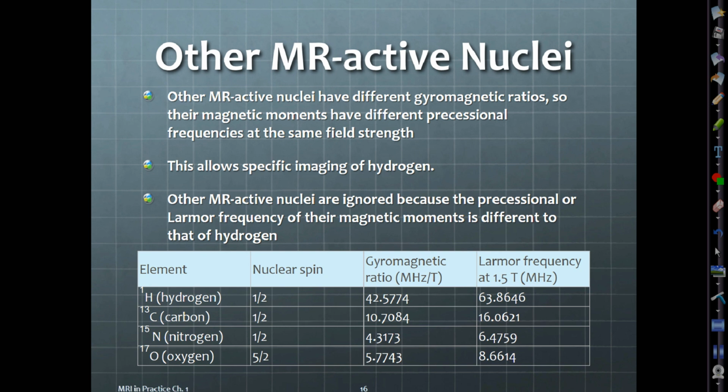So this is just a kind of a note that we still do have other MR-active nuclei that have a certain gyromagnetic ratio that is a constant at 1 Tesla. So you can see here with carbon, the gyromagnetic ratio is 10.7, nitrogen 4.3, and oxygen 5.7.